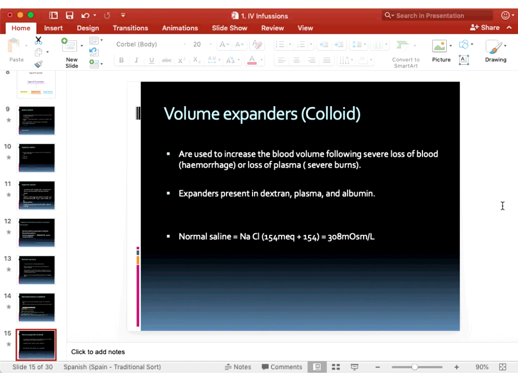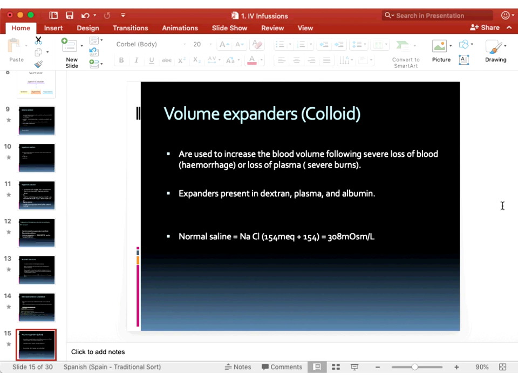So in the intensive care units they were used a lot because they pull a great amount of water and expand the intravascular space. Therefore, the first hypothesis was, if I have a large amount of water in the intravascular space, then I will have normal blood pressure and a normal cardiac output.